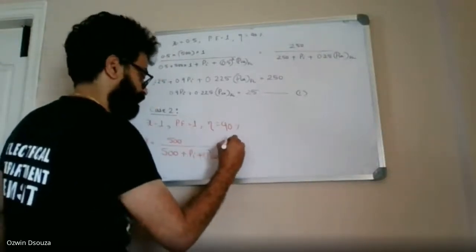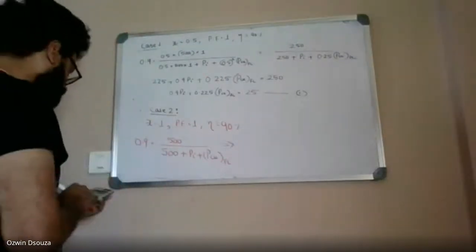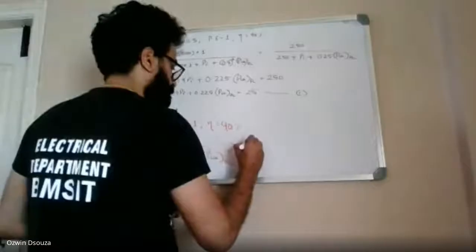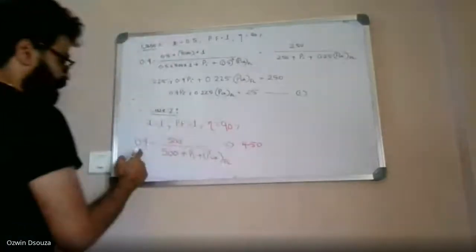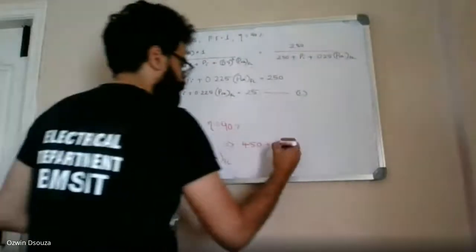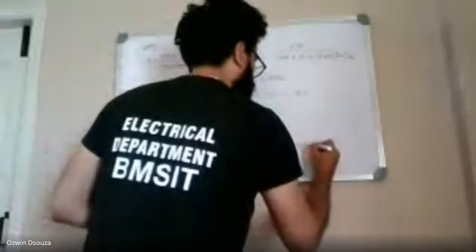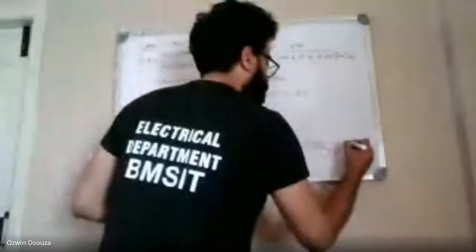Okay. So that implies you can cross multiply. So 0.9 into 500 is 450. So 450 plus 0.9 PI plus 0.9 PCU full load is equal to 500.